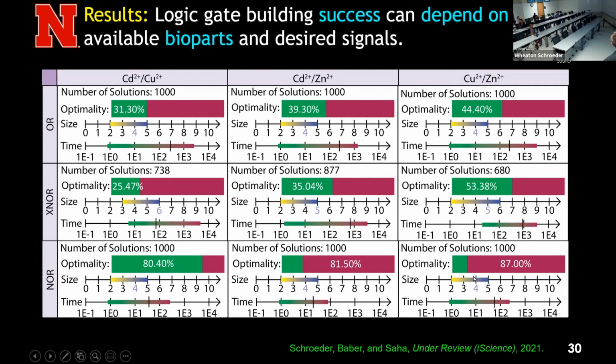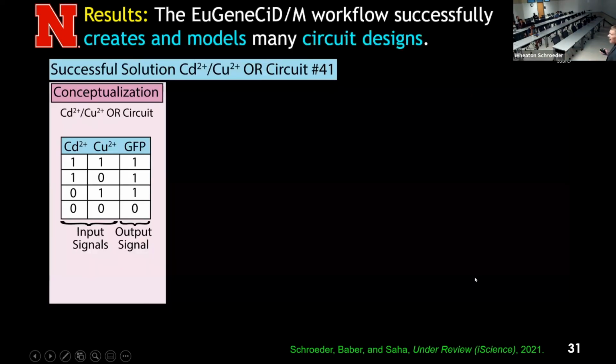Our conclusion is that Eugene-SID can find these particular solutions. However, it's somewhat limited by the bioparts library that you feed it as to how good these solutions are going to be. If we have a larger bioparts library, we should be able to model more and more complex circuits more easily.